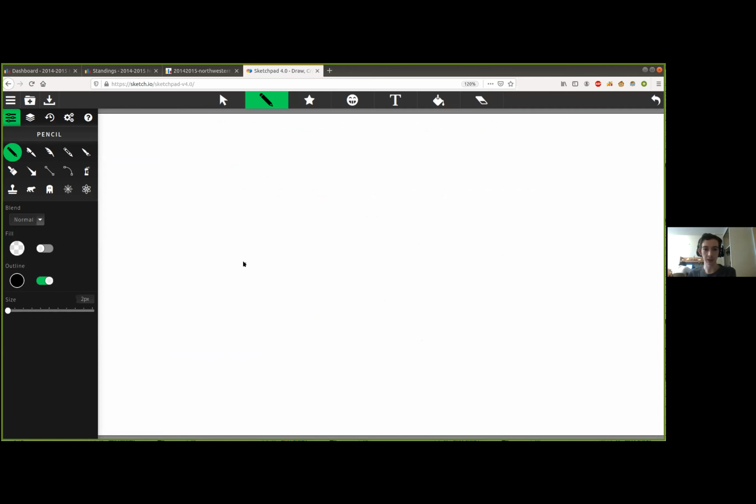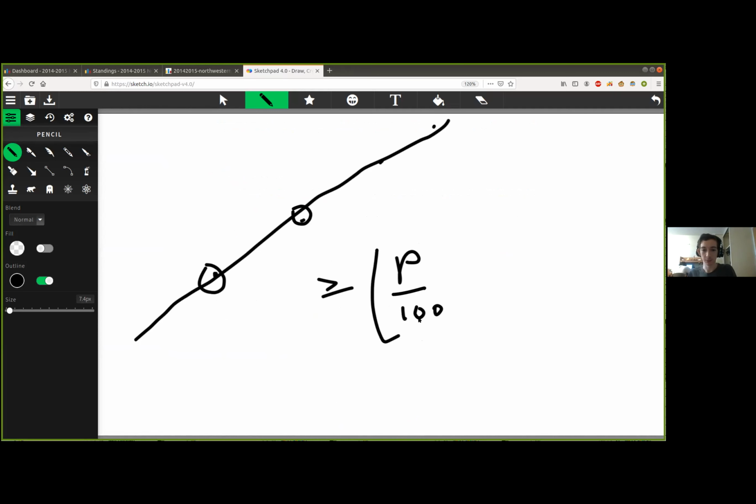So the idea is if there's a lot of points on the same line, then if we pick 2 at random, the probability of them both being on the desired line would be, well, p over 100 for each, so that squared.